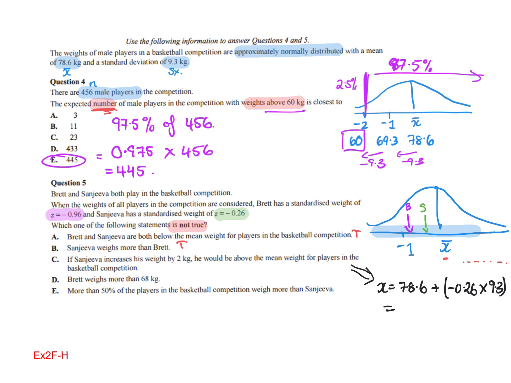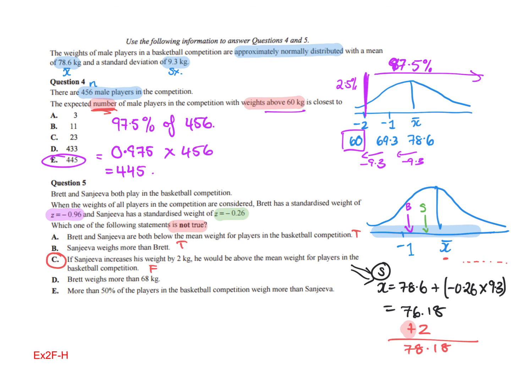So let's see what Sanjeeva's actual weight is. Okay, so that gives me his weight of 76.18. So is that above the mean? Now, if I add 2 kilos to it, he would be 78.18. Is that bigger than the mean? No, so if Sanjeeva increases his weight by 2, he would not be above the mean. So this one is false.